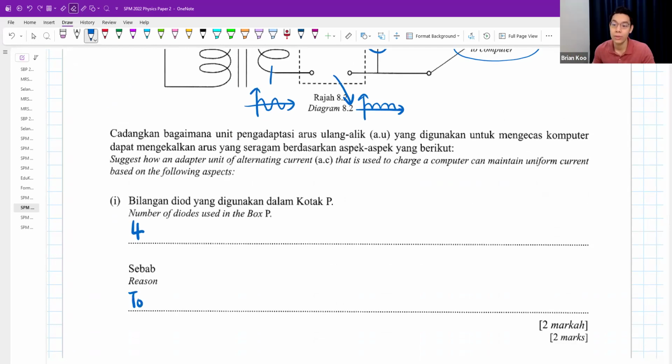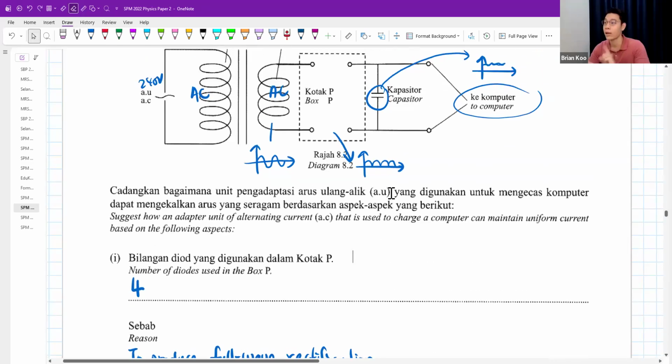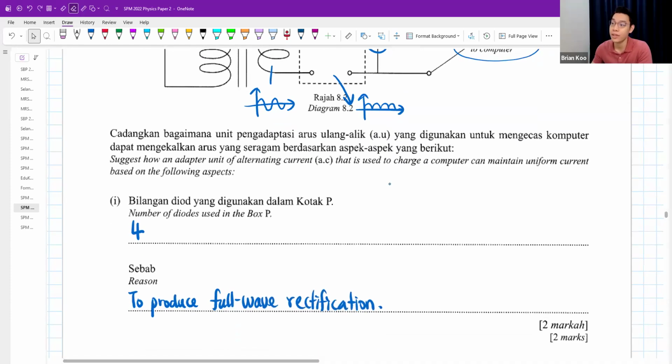To produce full wave rectification, only 4 can give you full wave rectification. Not 2, not 3, only 4. You can refer to your textbook how it works, but it's either 1 or 4. Half wave and full wave. This is full wave rectification.